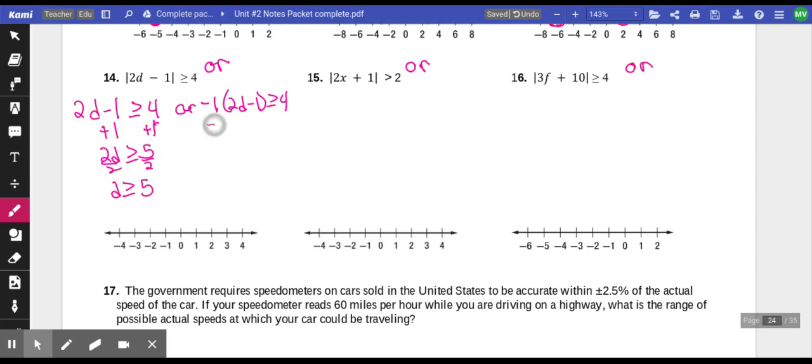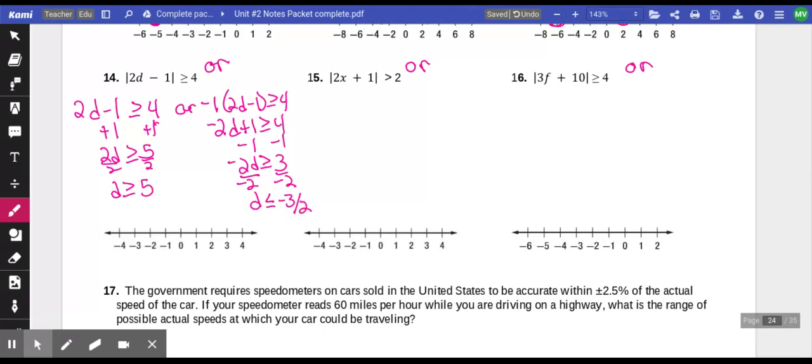Here, I'm going to distribute my -1. So I have -2d plus 1 is greater than or equal to 4. I subtract 1. I get -2d is greater than or equal to 3. Divide by -2. And d is less than or equal to -3 halves.